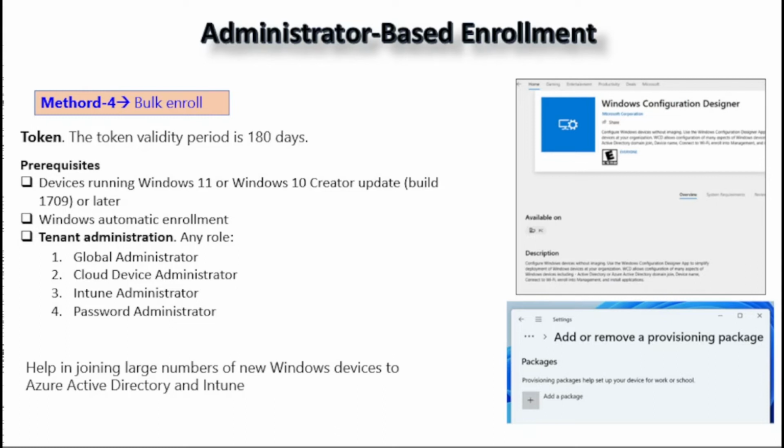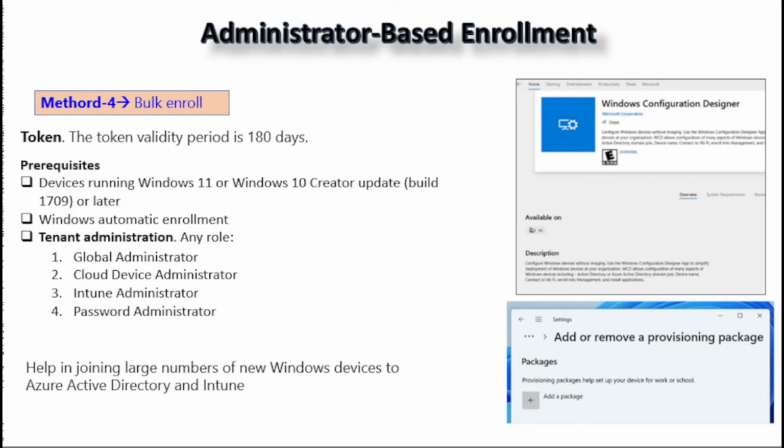There are a couple of prerequisites to use this method. The device should be on Windows 10 version 1709 or above. Windows automatic enrollment should be enabled, and we need the Windows Configuration Designer application to create the package. We also need a tenant administrator role like global administrator, cloud device administrator, Intune administrator, or password administrator to generate a bulk token.